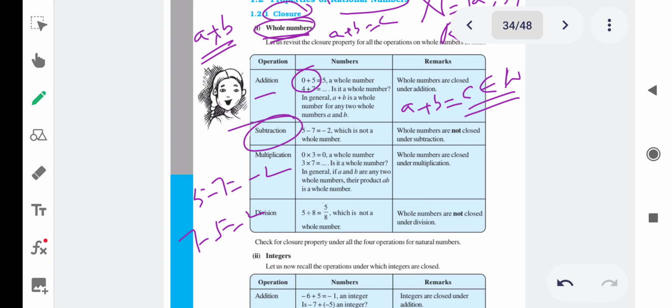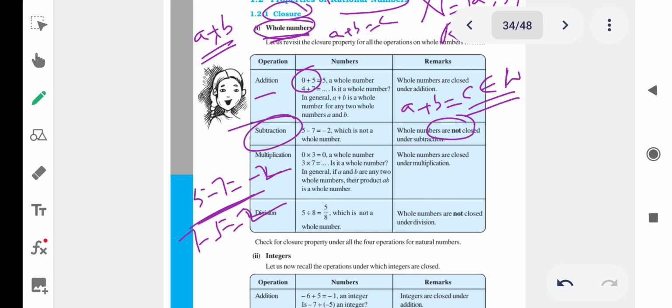But all the numbers should satisfy; every two elements belonging to the whole numbers, the subtraction must again belong to the whole numbers. 7 minus 5 is 2 belongs, but 5 minus 7, minus 2 does not. Therefore subtraction is not closed under whole numbers.